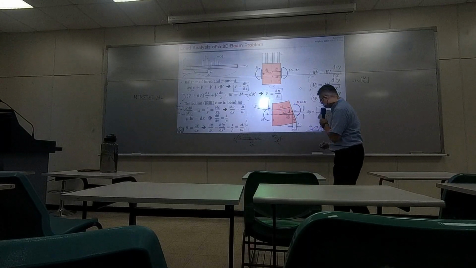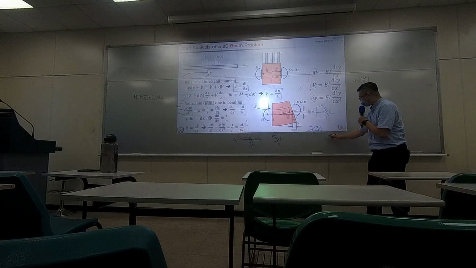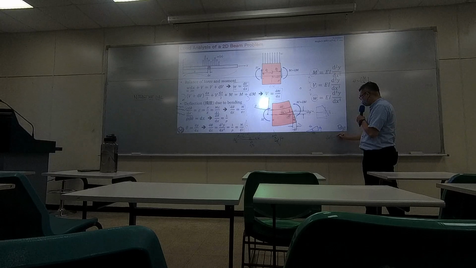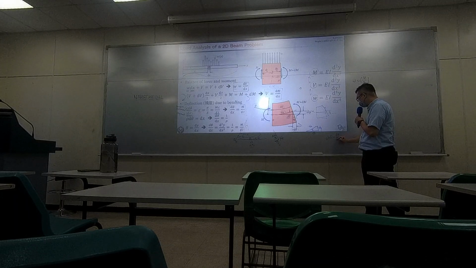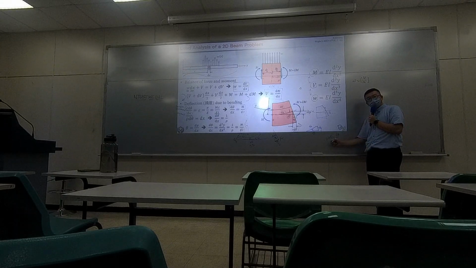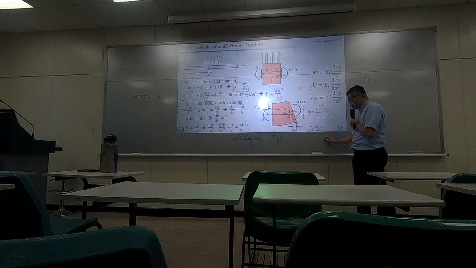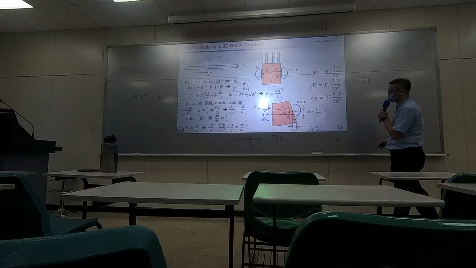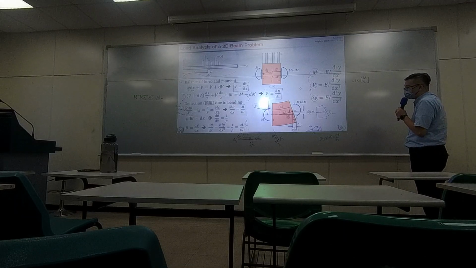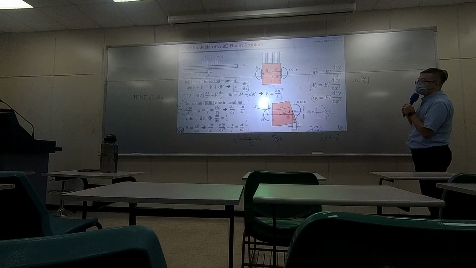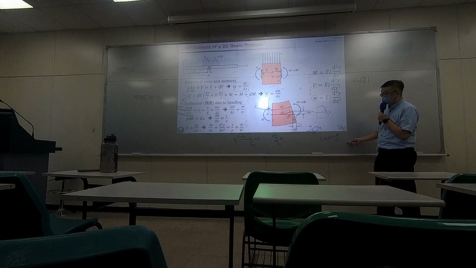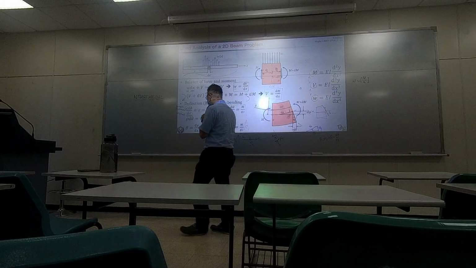So this is what? Sine theta equals dy over dx. But theta is small, so sine theta is close to theta. In this case, you end up with this equation, right?